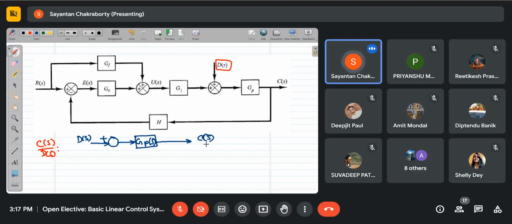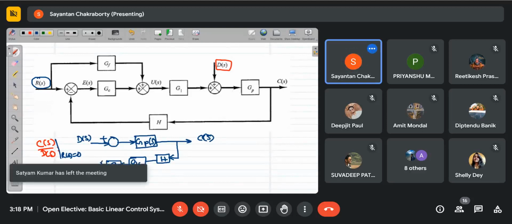And the rest of the things are entirely in the feedback path. So what will be there in the feedback path? There will be H. Now R is 0, so GF will not come into the picture. So this H will come over here, followed by GC, and followed by G1. And since there is a minus sign, it will be minus.